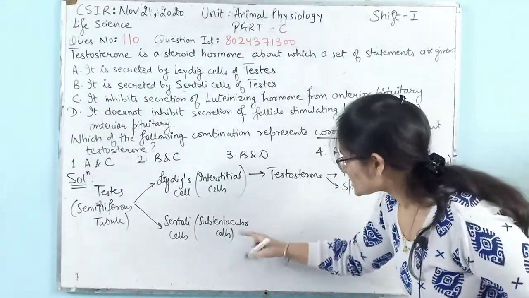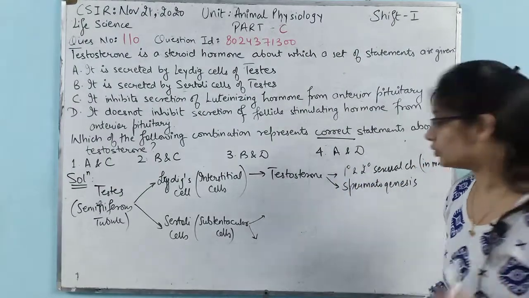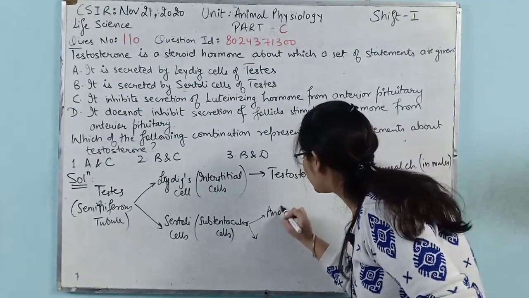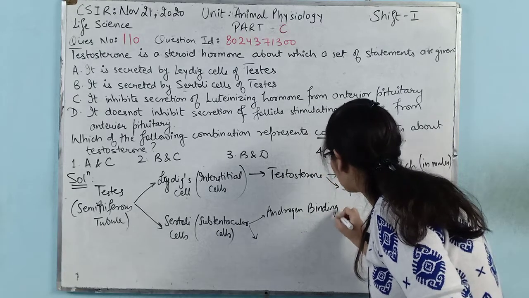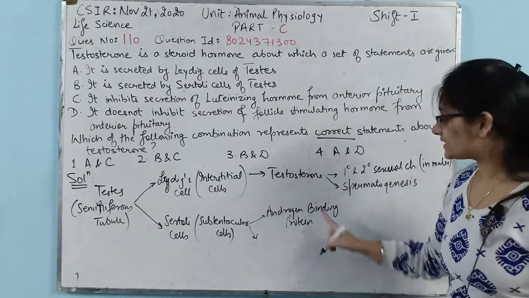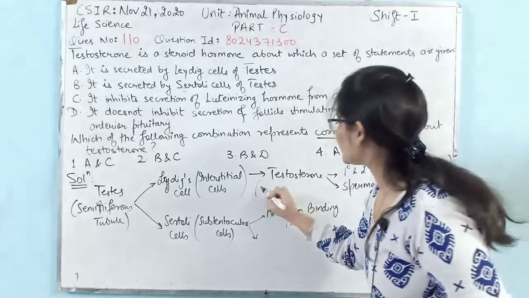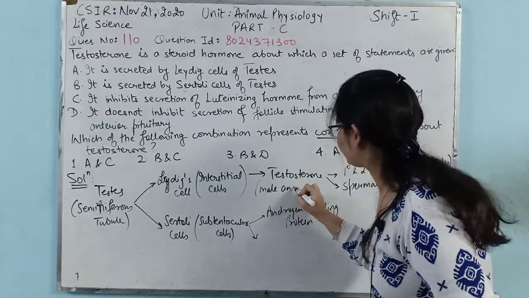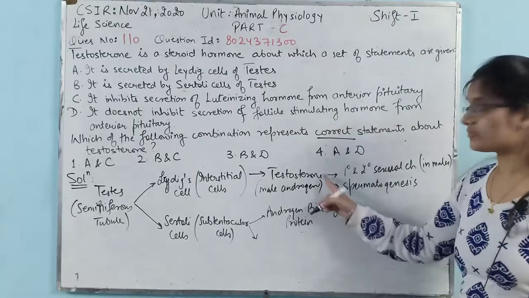And Sertoli cell, the hormonal secretion of these cells include androgen binding protein, and as the name suggests, this binds the androgen, male androgen, which is testosterone only. This is your androgen hormone in case of male.